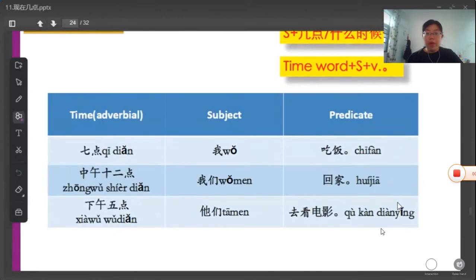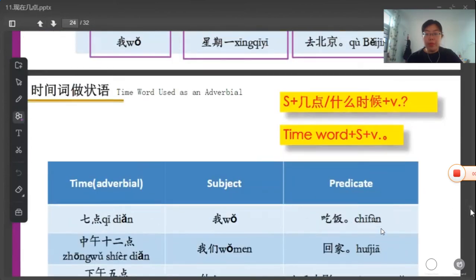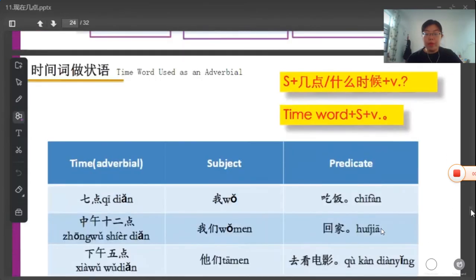Meanwhile, we have another form to describe the same content.